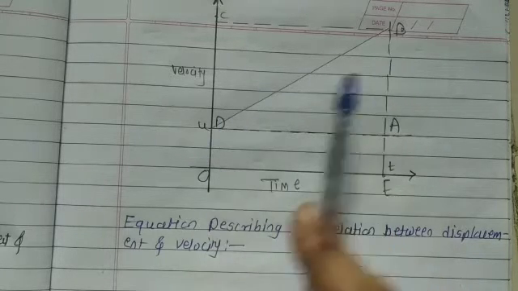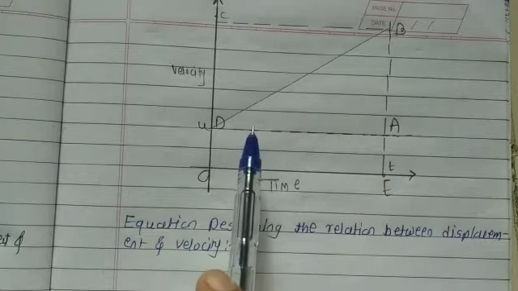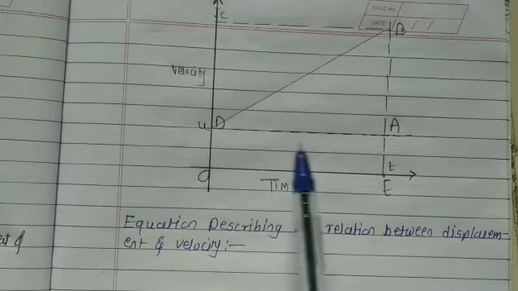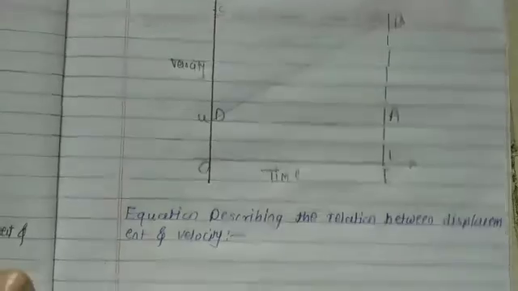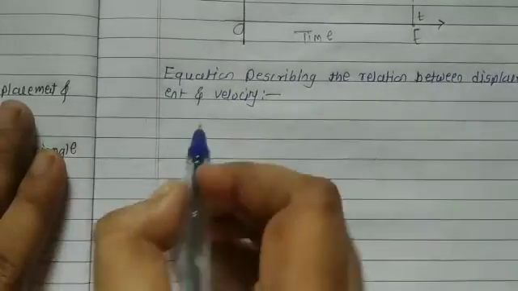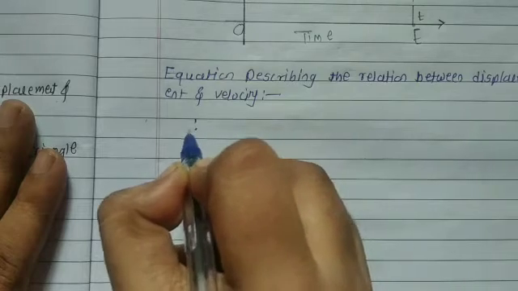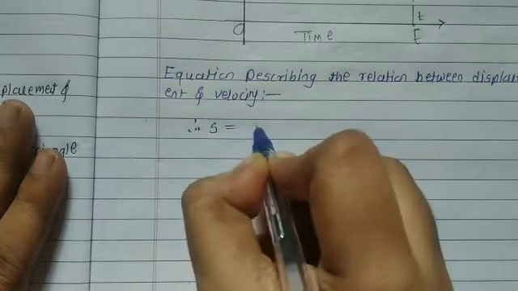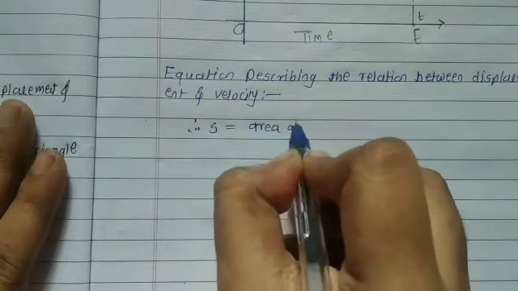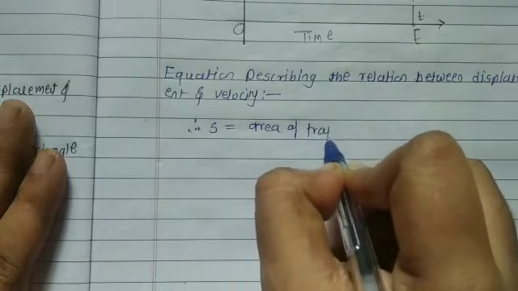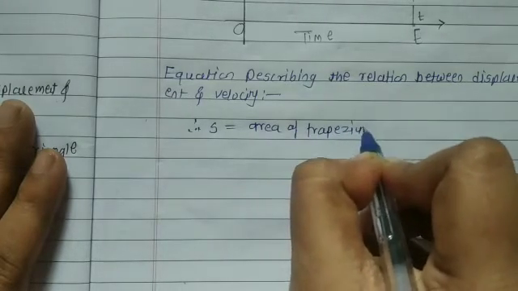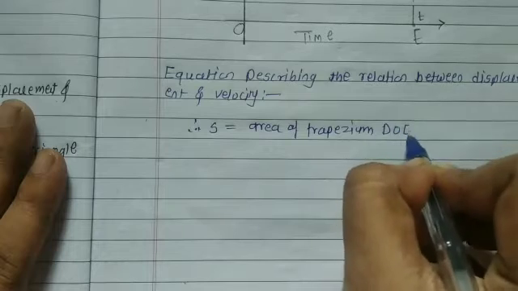What is that area? That is nothing but the trapezium. So we can use the formula for its area. Therefore, S is equal to area of trapezium DOEB.